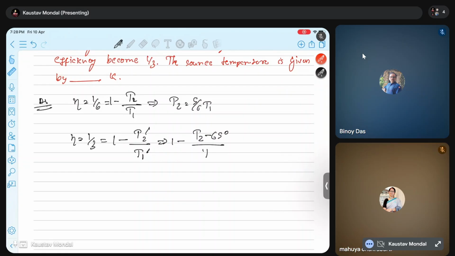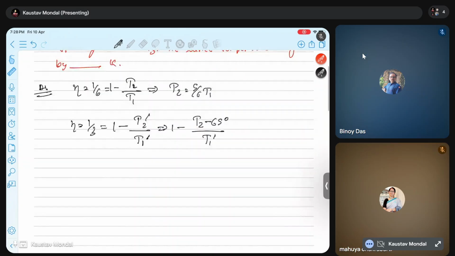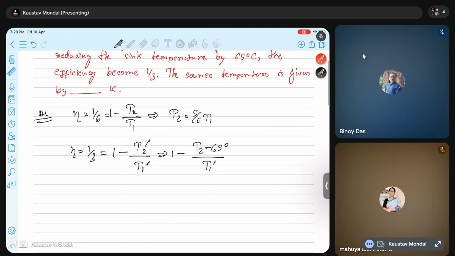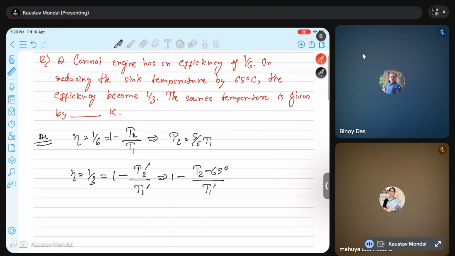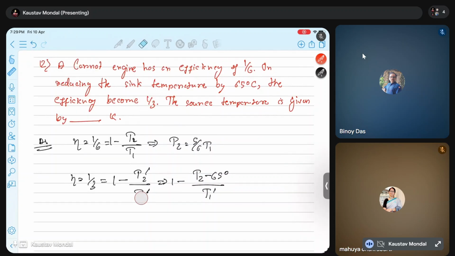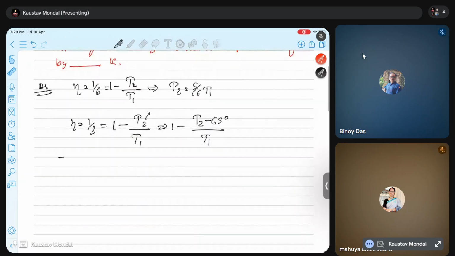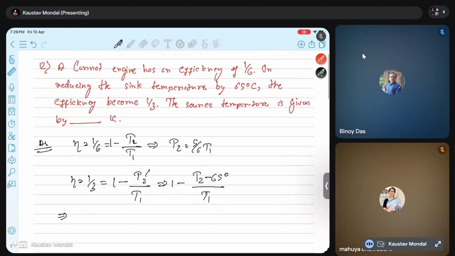And T1 we have to find out. No, sorry, T1 remains as it is. So only T2 is decreased. T1 will remain the same. Source remains the same. Only the sink temperature gets reduced.